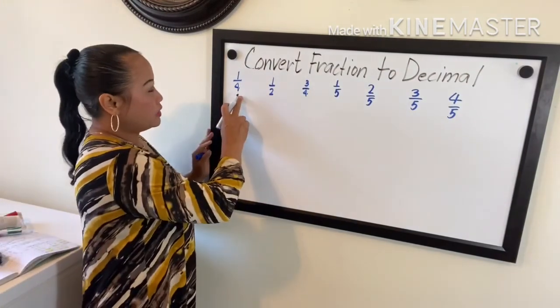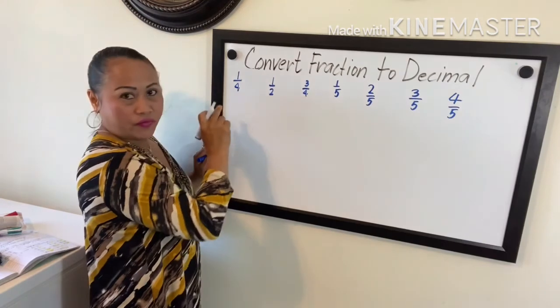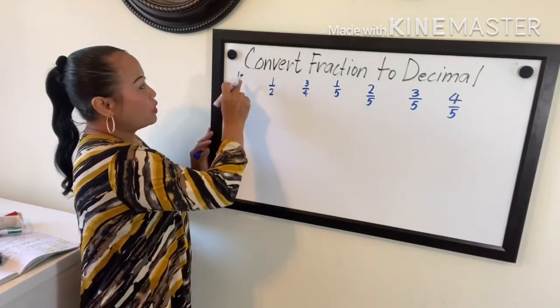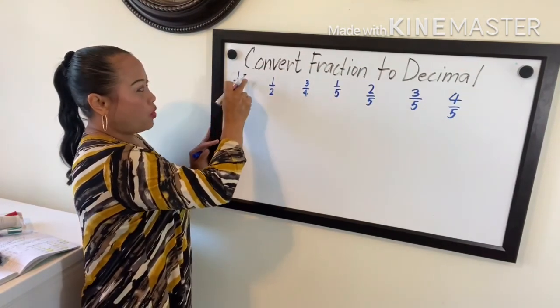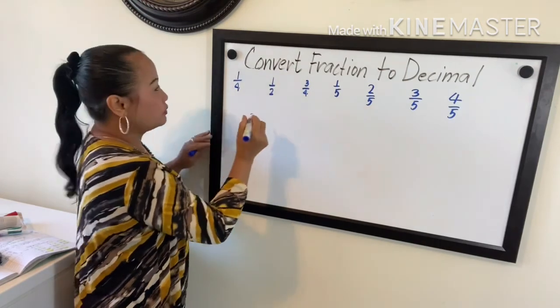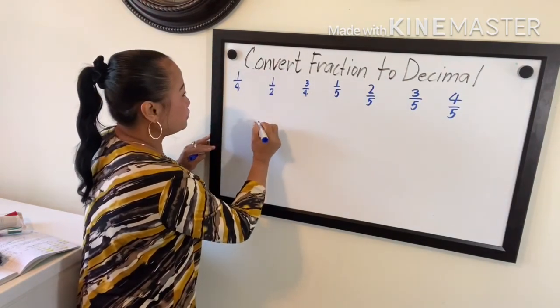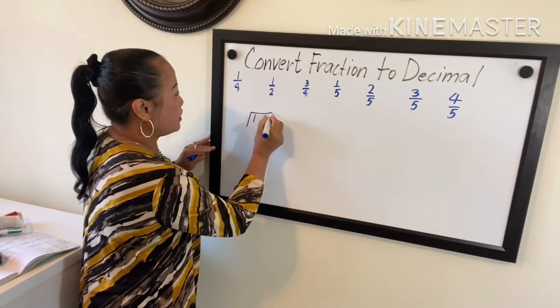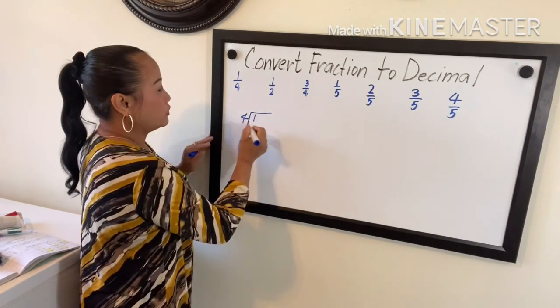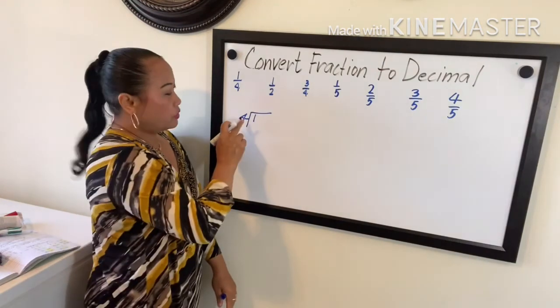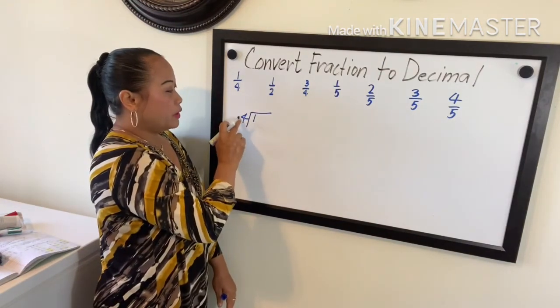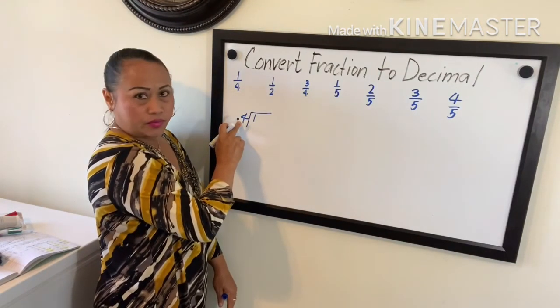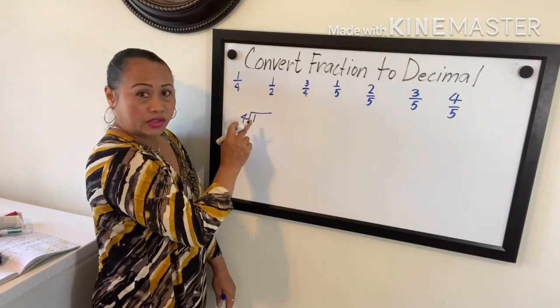So the first example is 1/4. So 1/4, okay? So 1 divided by 4. Okay, so 1 divided by 4 cannot be. It's 0.